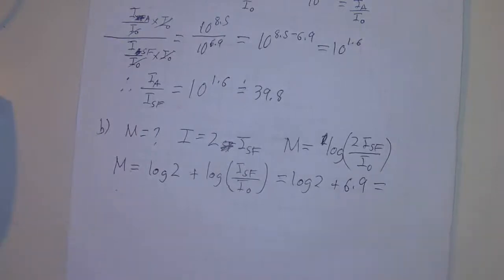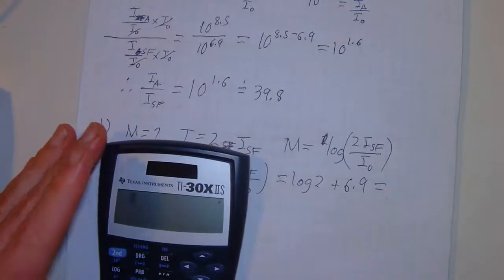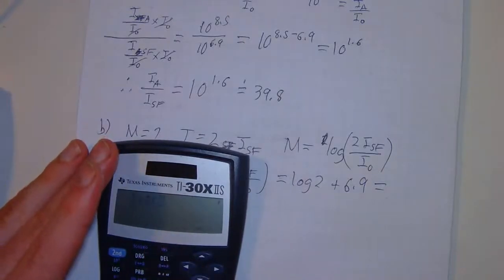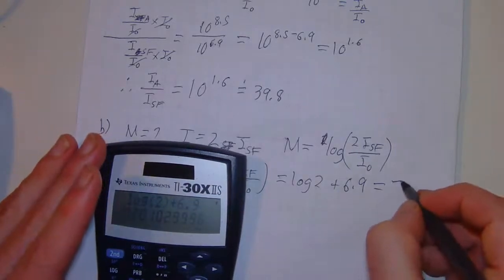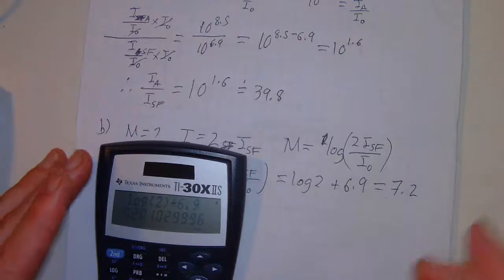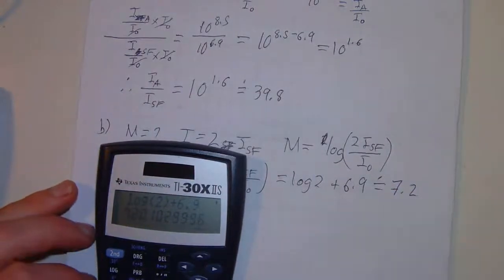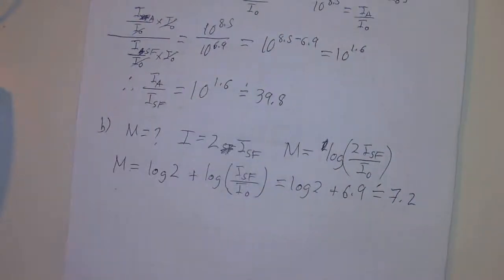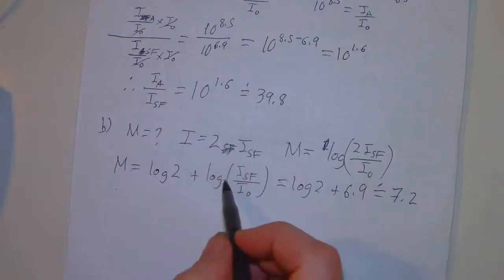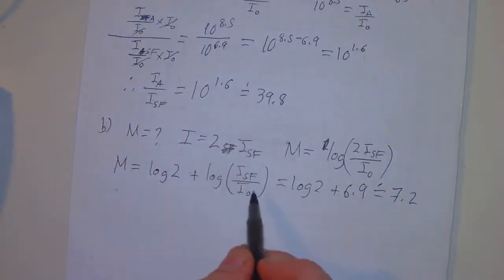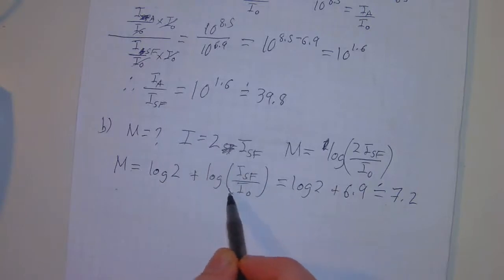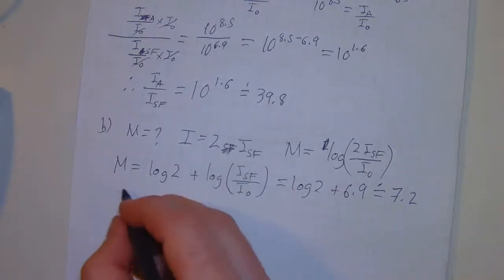And now I can finish the calculation on log base 10 of 2 plus 6.9. And so we get 7.2 approximately. So by using my log laws, I could split this up into something that's purely numerical and I can calculate, and something whose value I already know, and then that gets me to an answer.